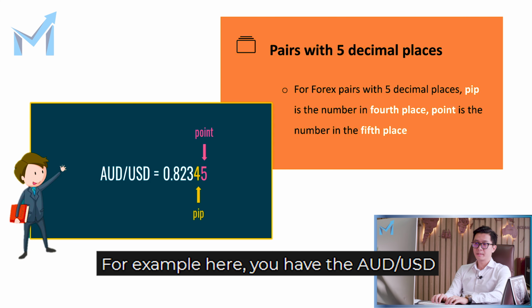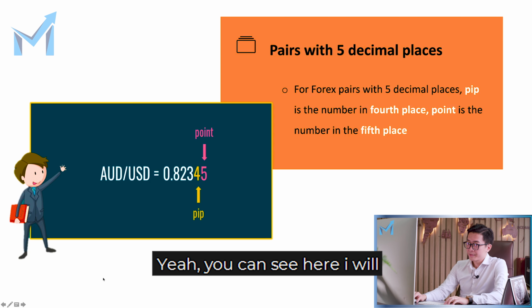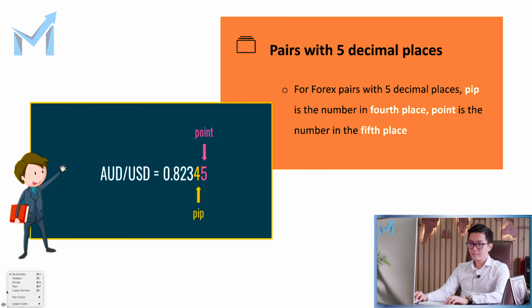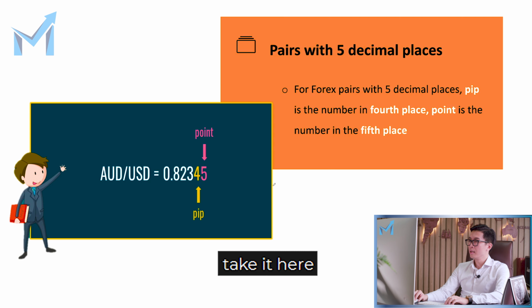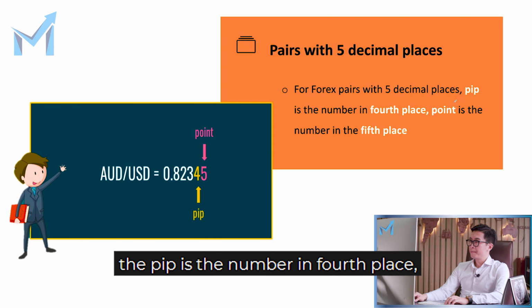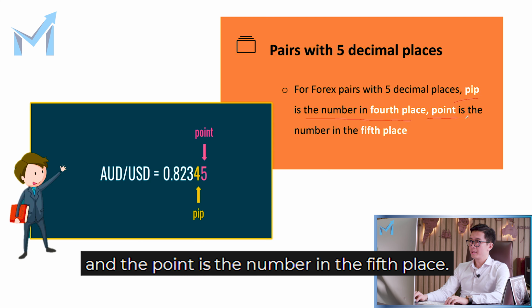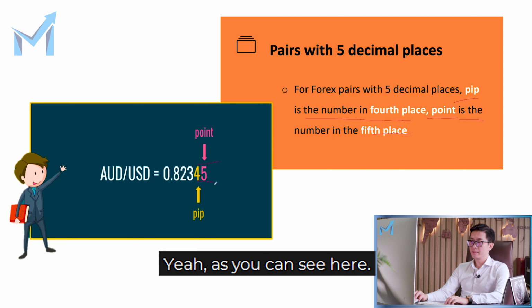For example, here you have the Australian dollar and US dollar. The pip is the number in the 4th place and the point is the number in the 5th place, as you can see here.